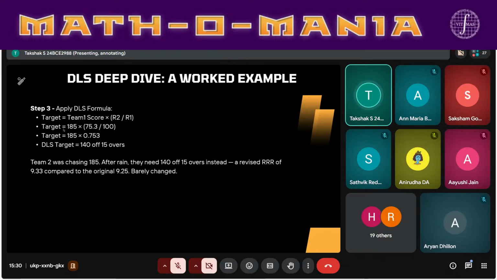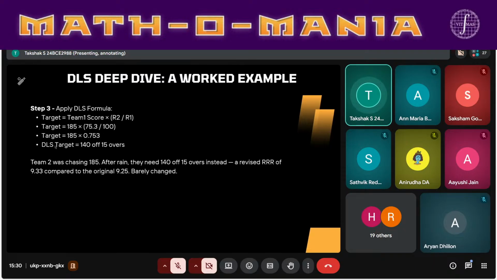And let's apply the DLS formula here. The target is equal to team one's score scaled by the ratio of team two's resources divided by team one's resources. Here team one's score is 185, team two's resources is 75.3 and team one's resources is 100. So the target is 185 multiplied by 0.753.